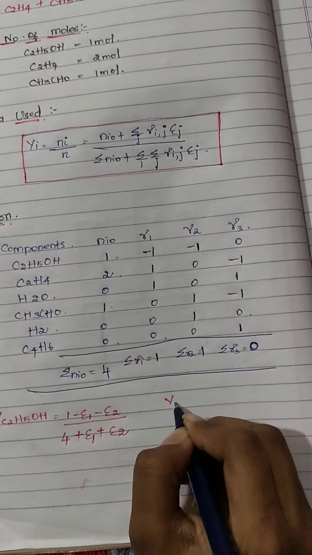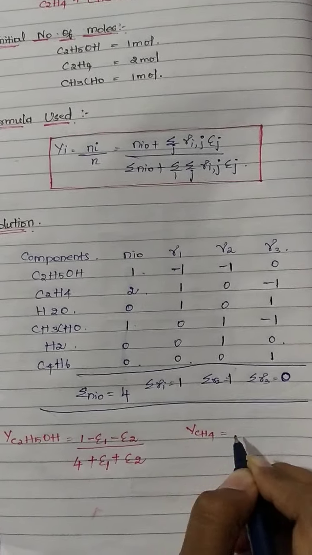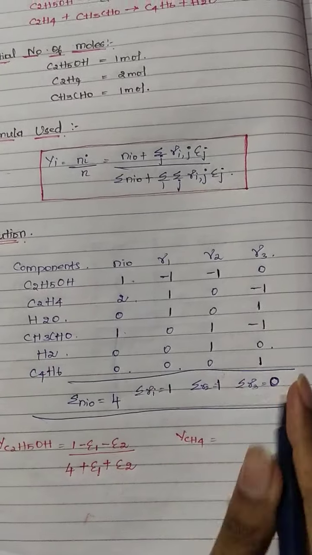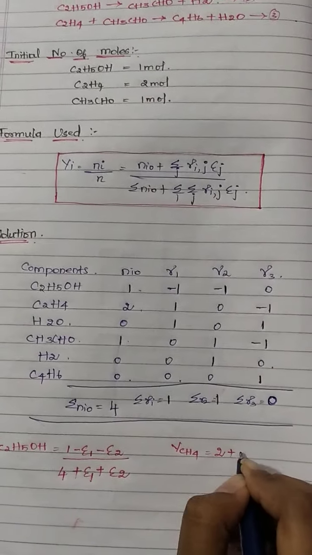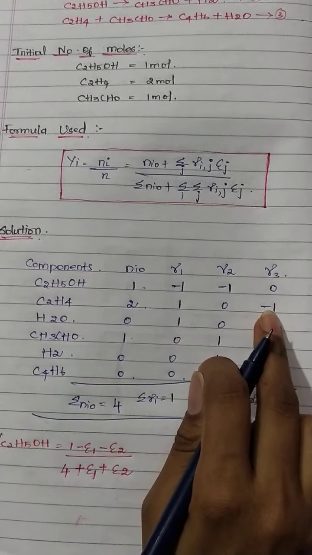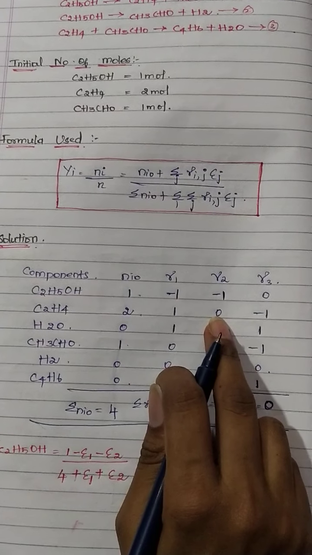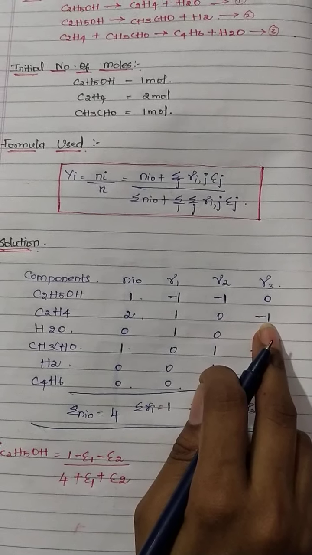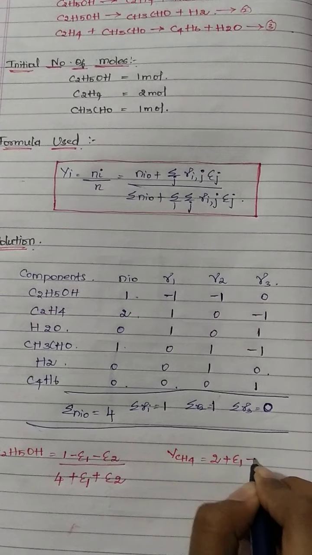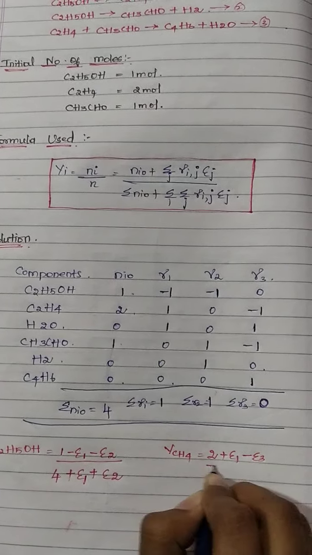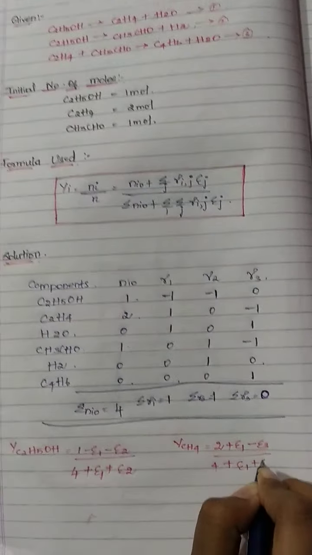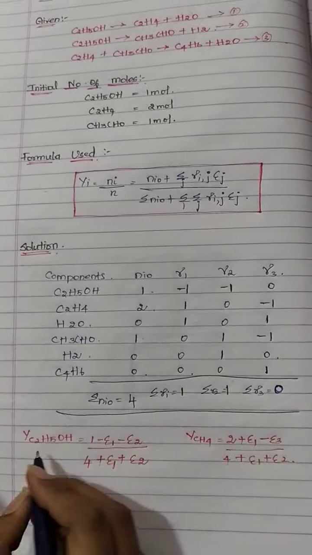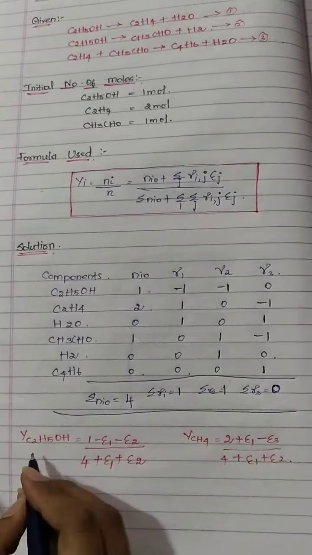Okay, the next is YC2H4, which will be 2. Ni naught is 2, nu 1 is 1, so plus epsilon 1, and nu 2 you don't have anything, 0, so you won't have epsilon 2. Nu 3 is -1, so -1 into epsilon 3, divided by the same denominator, 4 plus epsilon 1 plus epsilon 2. So next one is YH2O.